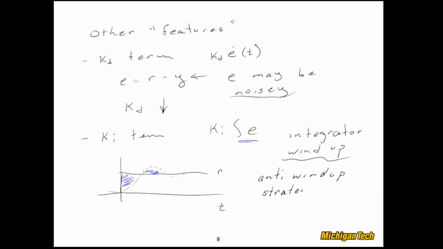And depending on your application, you might pick one or another integrator anti-windup strategy. If this delta is too large, this integrator winding up, holding on to that error term, can actually lead to the actuator saturating, hitting its maximum value. And then that leads to some rather unexpected closed loop performance.